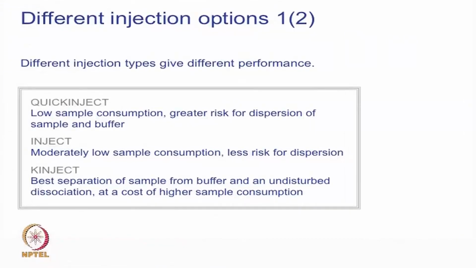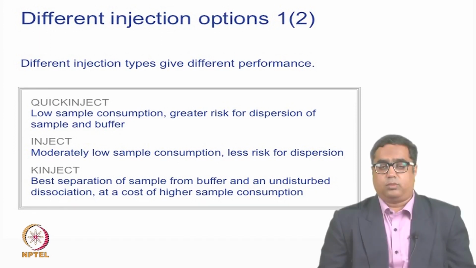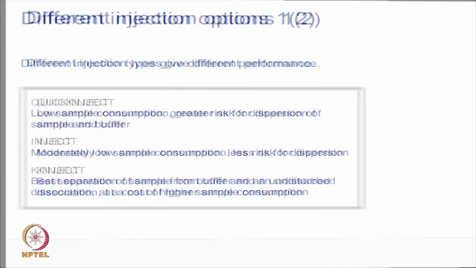So the sample injection process depends upon the flow rate, and the different modes of injection are generally called quick inject and inject. Depending upon the type of study you are doing, be it screening, kinetics, or thermodynamics, the mode changes, and based on the mode the injection process changes and the interaction is recorded at that particular flow and contact time.